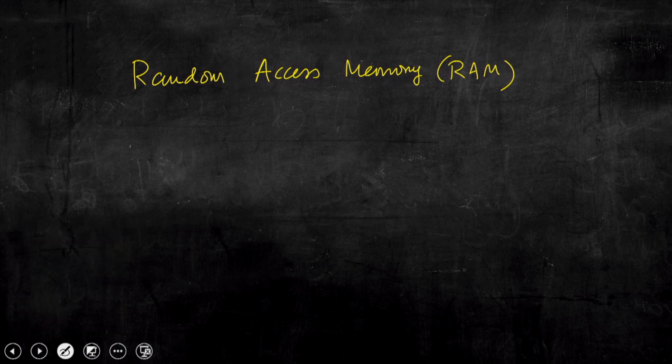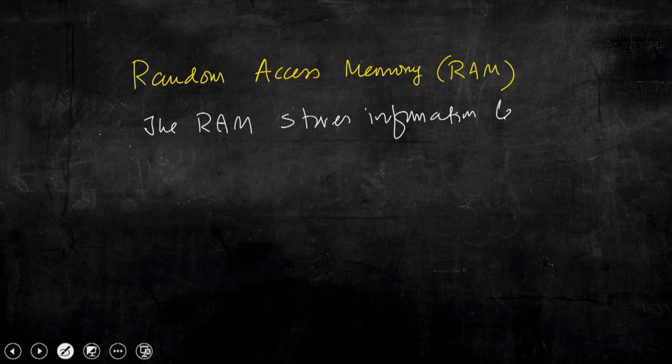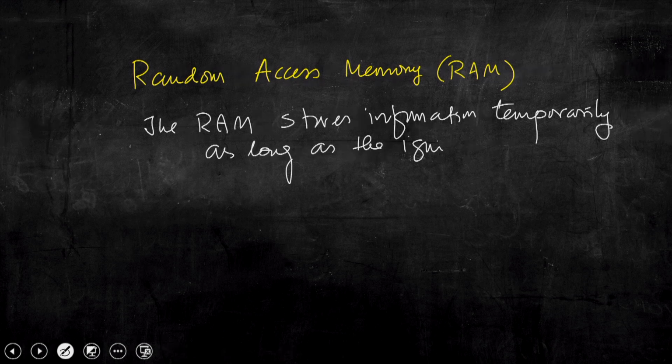The first point is the RAM or random access memory stores information temporarily, as long as the ignition key is on. As long as the ignition key is on, the microprocessor can read information. Let me write the second bullet point.